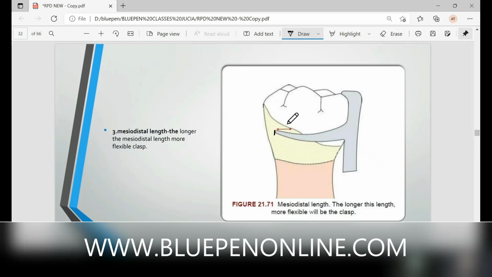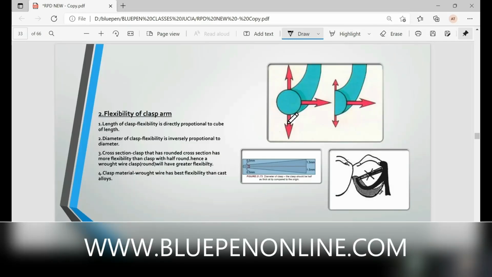Now, we will say directly about the flexibility. When you have a much lengthier clasp arm, it is more flexible. If it is more flexible, the stress will be less, but retention will be very much less.